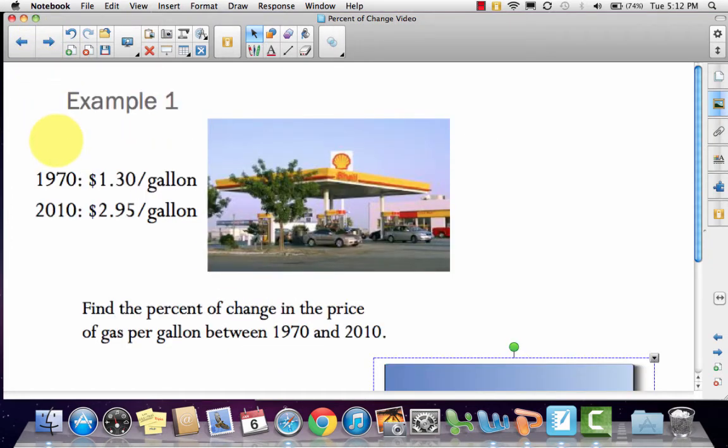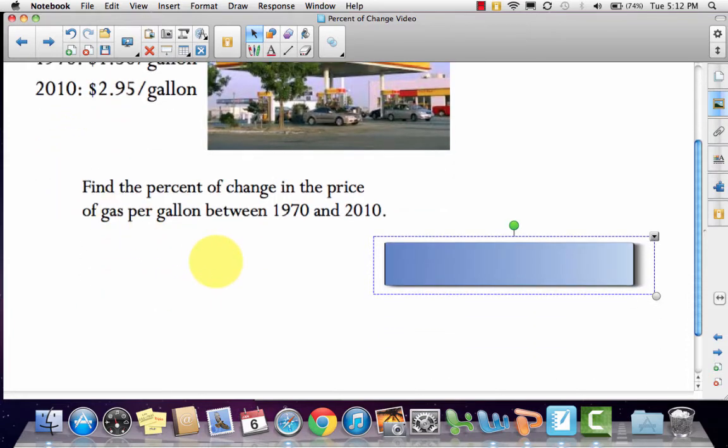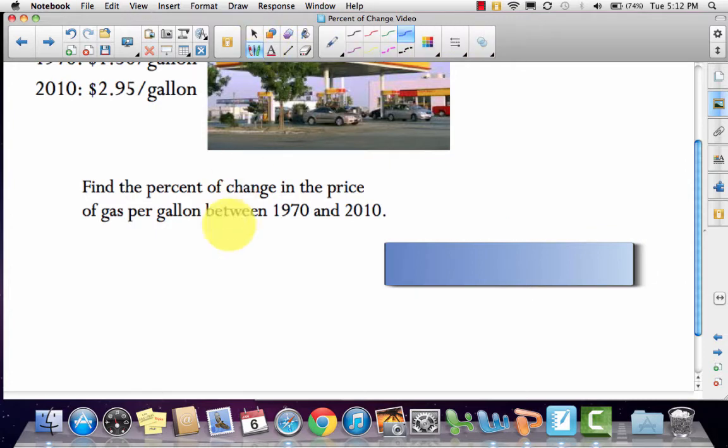So in this first example, we're looking at gas, and we're comparing the prices between 1970 and 2010. In 1970, gas was $1.30 per gallon, and in 2010, it was $2.95 per gallon. If I follow my formula, which again was difference over original, I have to keep in mind what the word difference means.